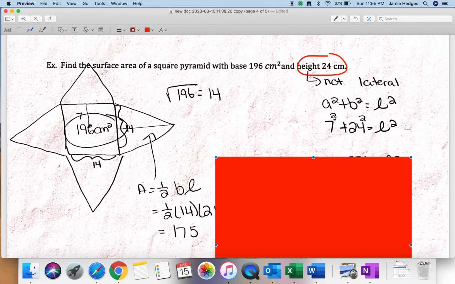And I can tell you every single time the lateral height is going to be your hypotenuse. So the lateral height is going to be my C over here. So that means 24 has to be my other leg of my triangle.